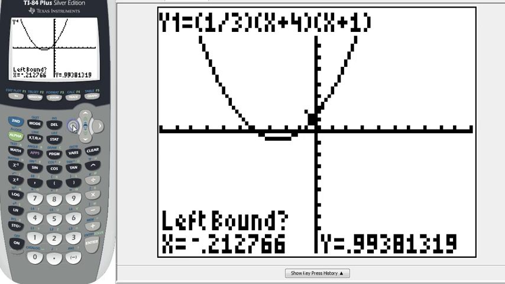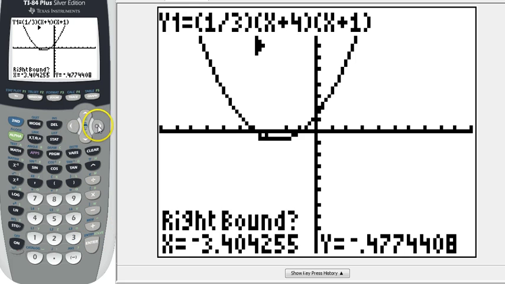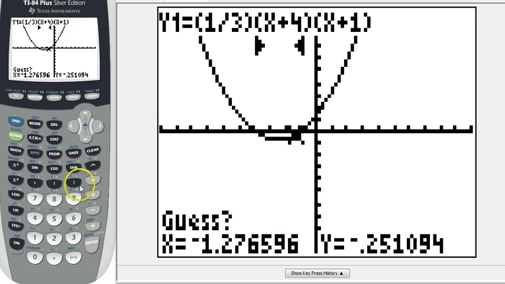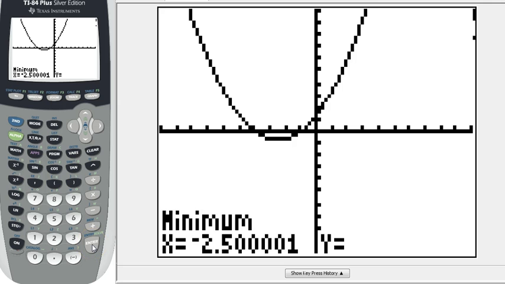Alright, we need to be to the left of the point again, so move all the way to the left of it somewhere. This is fine right here. I'm going to move to the right now and hit enter. And then we hit enter in between. And sure enough, we get -2.5 and -0.75, which are also fractions if you want to go the fraction route here. But I'm okay with either or in this case if you're using the min-max feature.